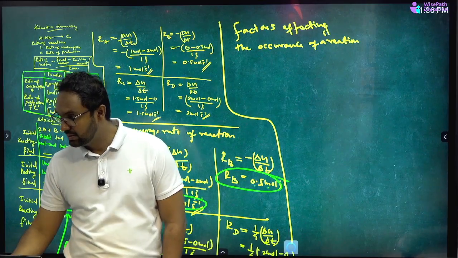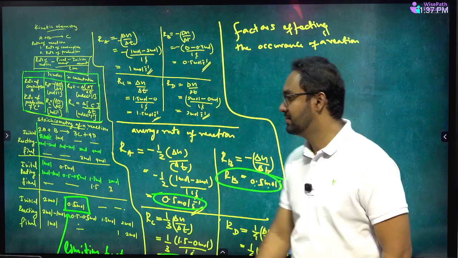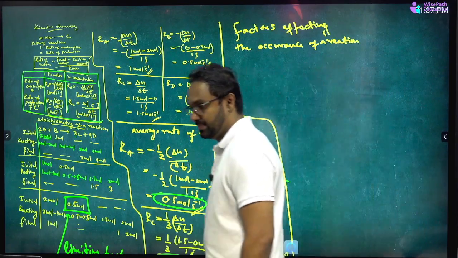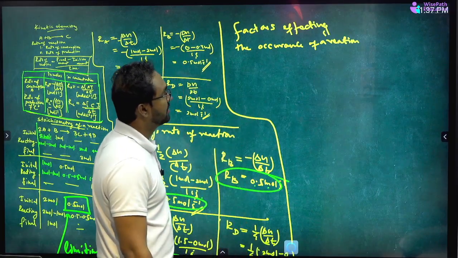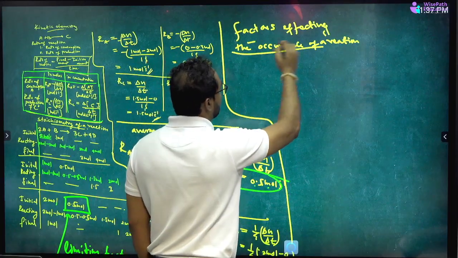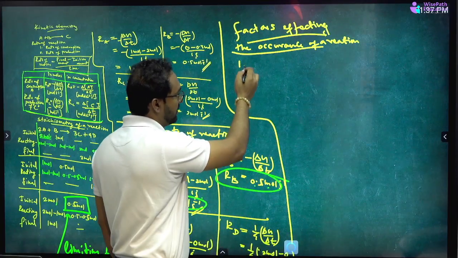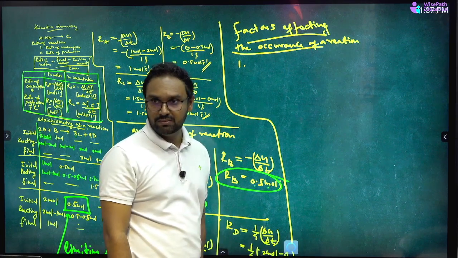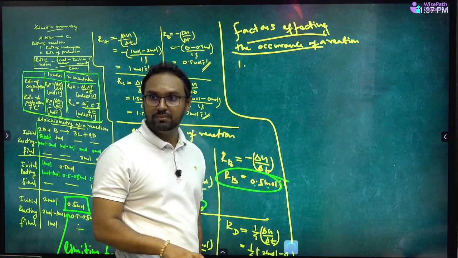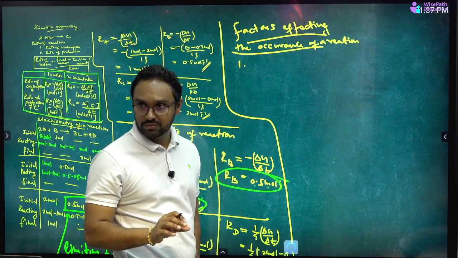Only cow, okay. Right, so factors affecting the occurrence of a reaction. When I write the short note, I don't write everything, but you have to remember the total one. When you answer the paper, you have to write the total one, not the short ones.